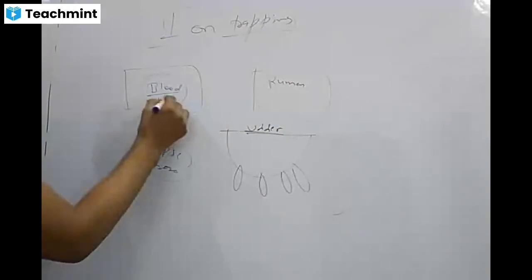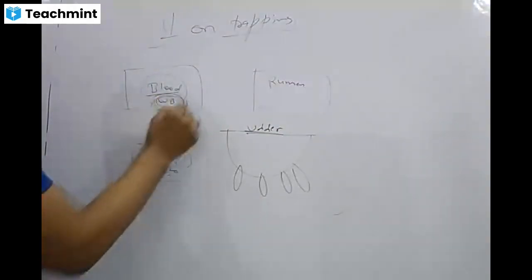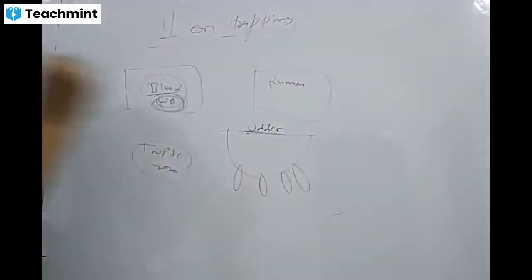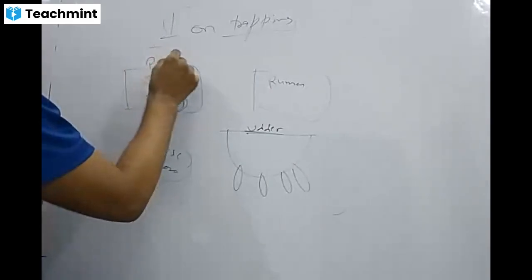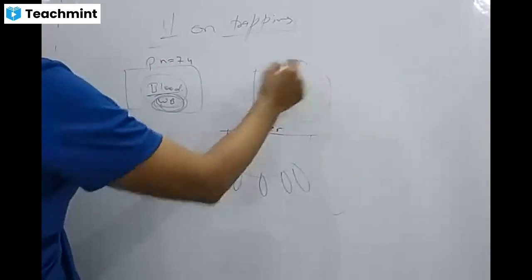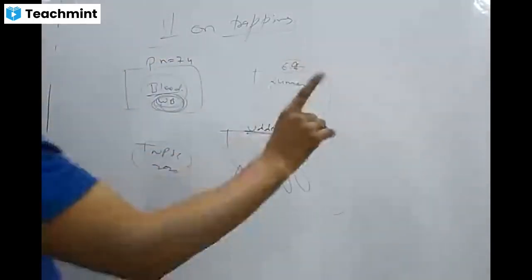Suppose there is a weak base. The pH of blood is 7.4 and rumen is 6.6, suppose 6.4. It has a range, but it is acidic.